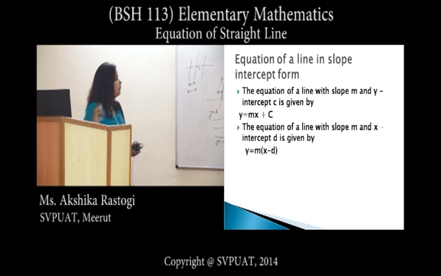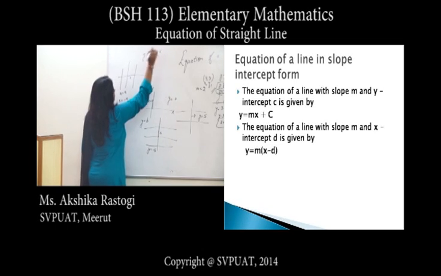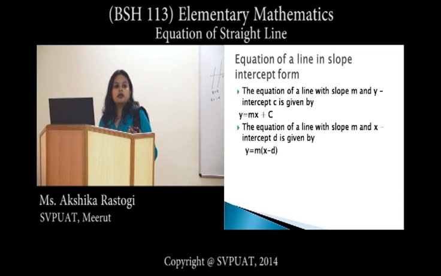So the equation of the line will be y equals mx plus c. This is the equation of the line where the line intercepts the y-axis and the value of the intercept must be a constant, that is c. So this is the equation of that line.